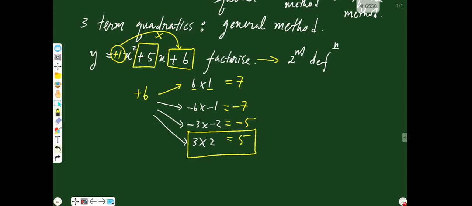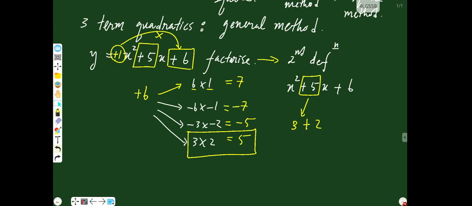Now let's do this. Your question is x squared plus 5x plus 6. The plus 5 is written this way, because 3 plus 2 is 5. How do you know 3 plus 2?